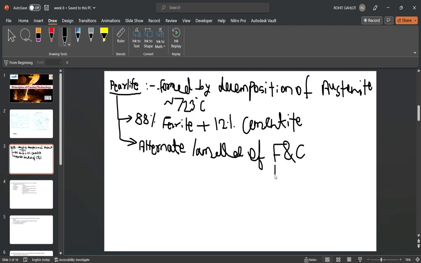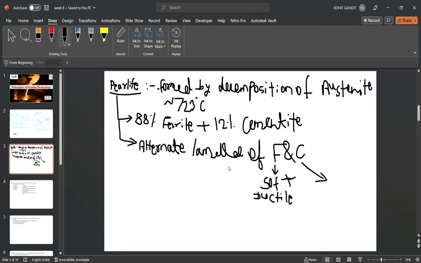If we talk about hardness and softness, ferrite is soft and ductile, and cementite is comparatively not soft and ductile.